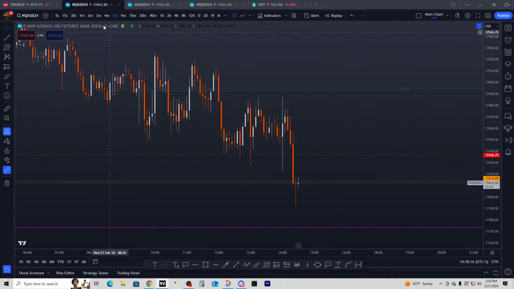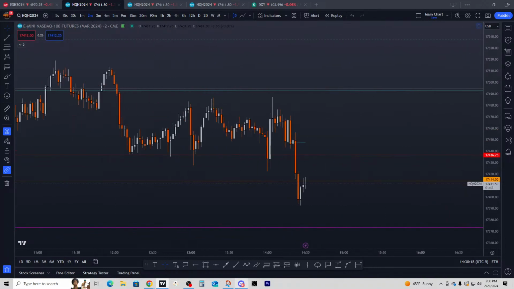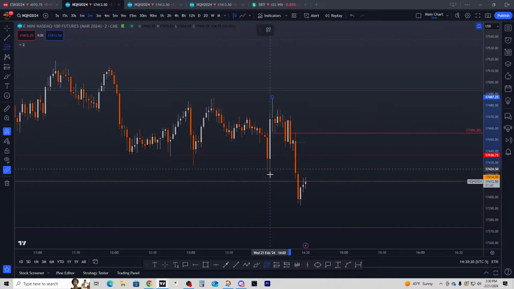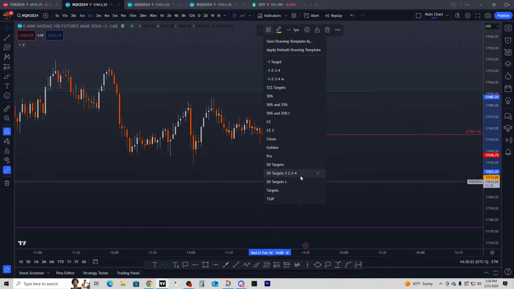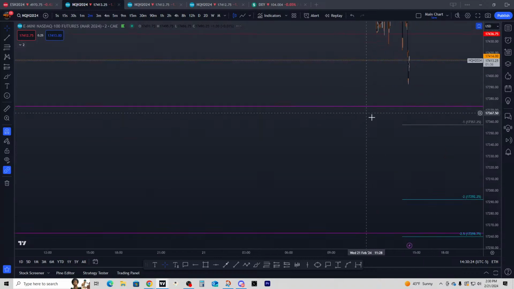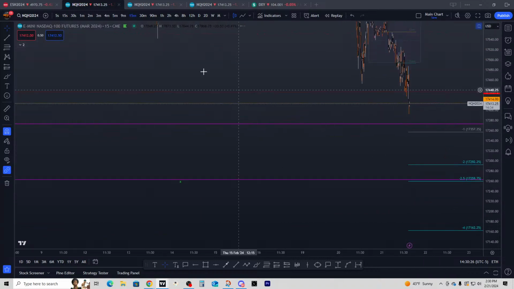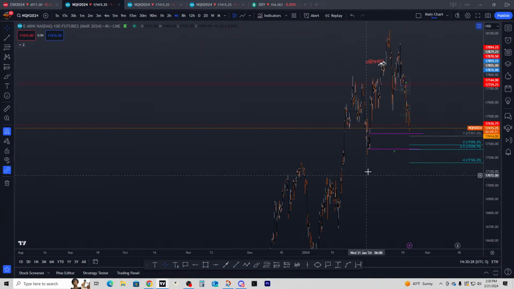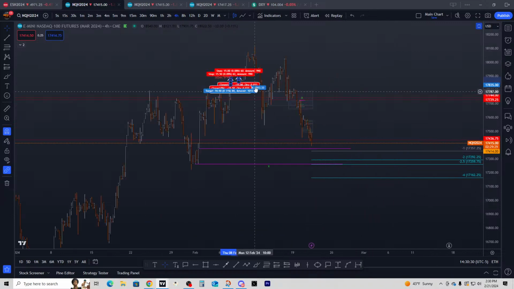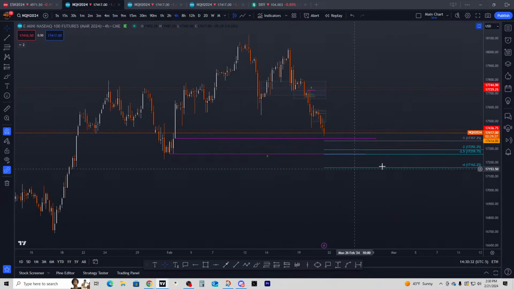What we can do now, we can actually use standard deviations of this range here to measure potential targets lower. So if price really wants to start falling down, we can look within here.